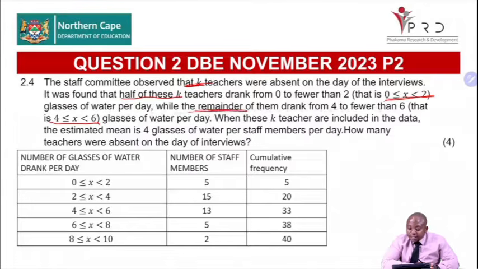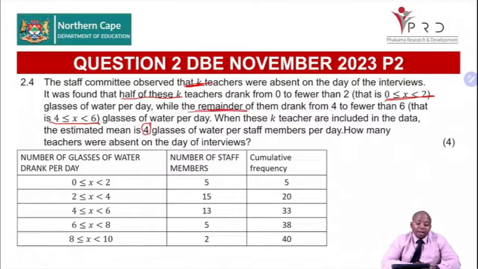When these K teachers are included in the data, the estimated mean of the glasses of water per staff member per day. And the question reads, how many teachers were absent on the day of interviews?